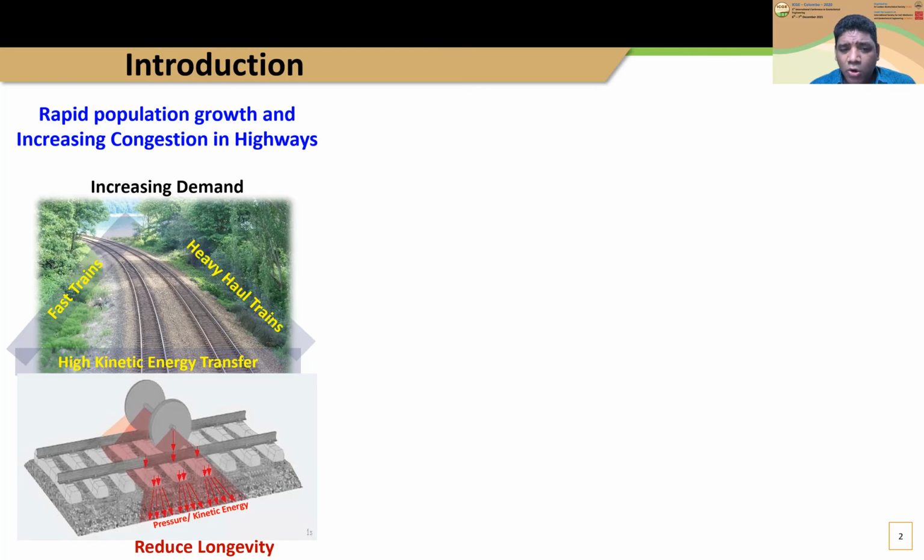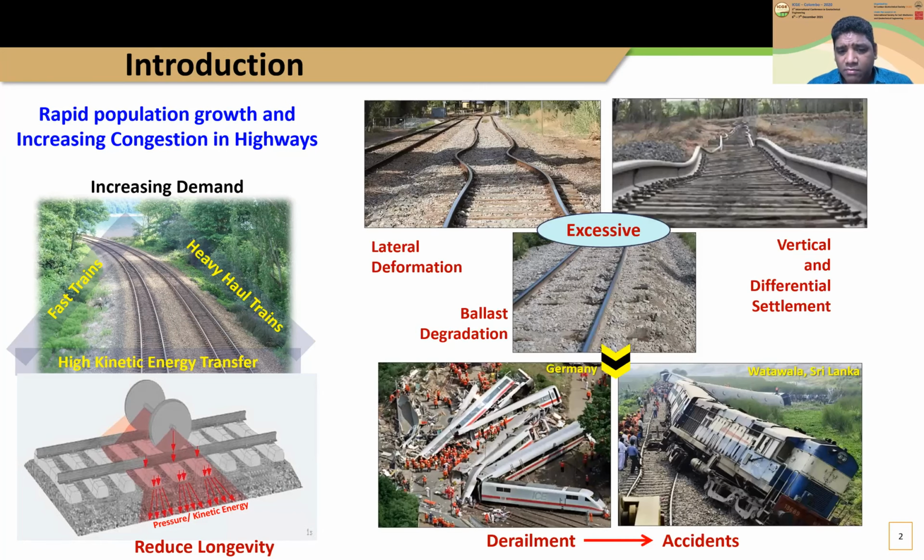So if we don't improve the track system for these larger heavy haul and fast trains, this ultimately leads to excessive lateral deformations, vertical and differential settlements, and ballast degradation, and that ultimately leads to derailment and accidents.